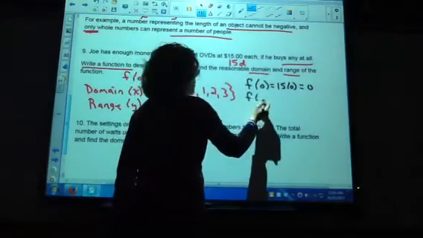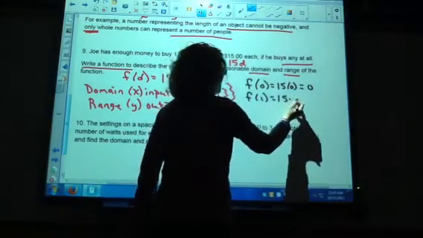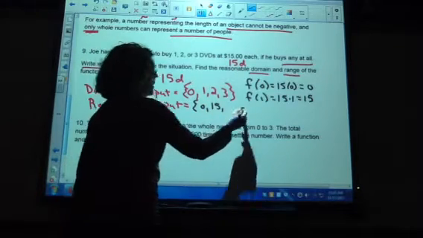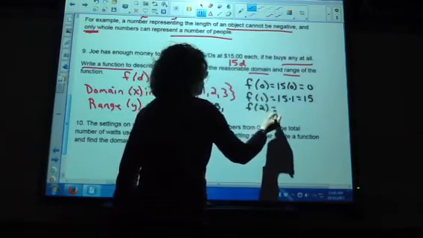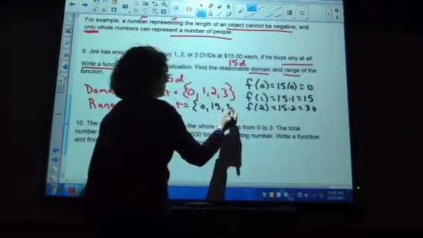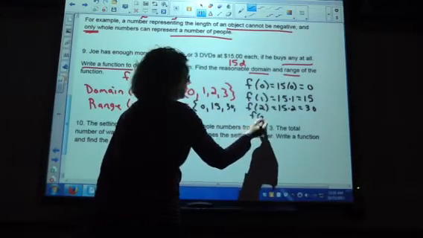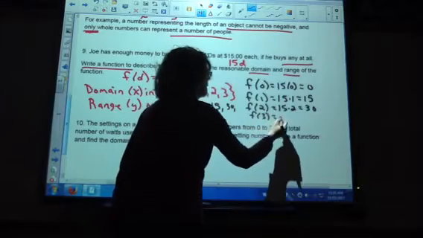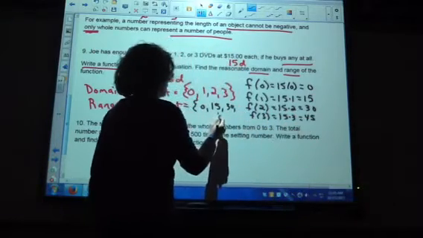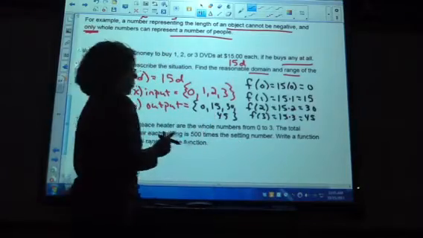If d is 1, 15 times 1 is 15. If d is 2, 15 times 2 is 30. And then if d is 3, 15 times 3 is 45.